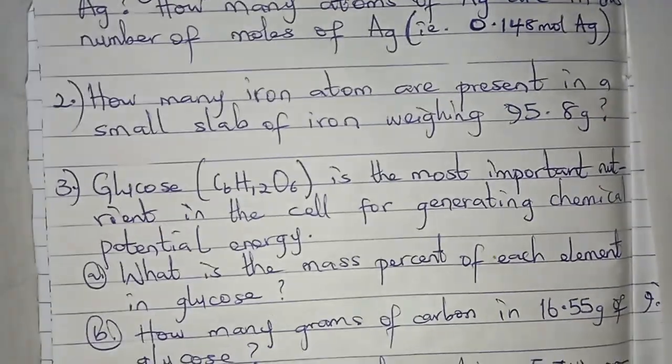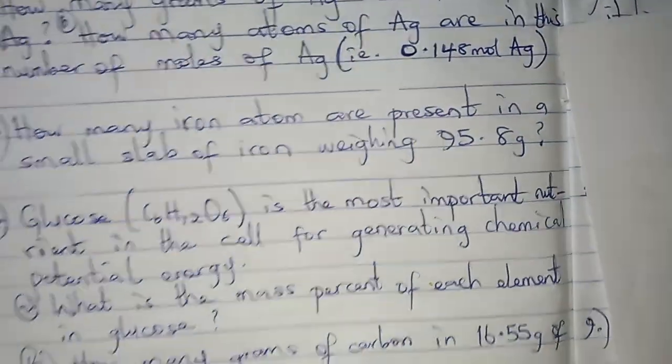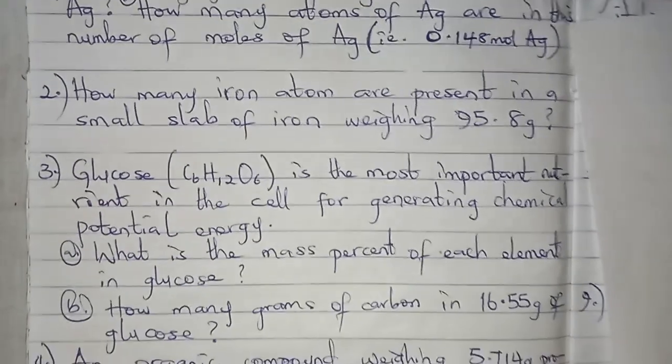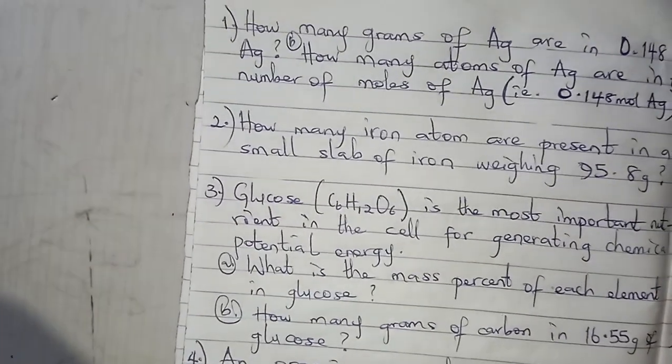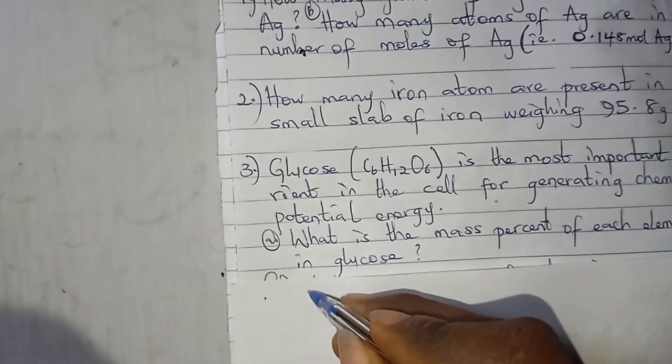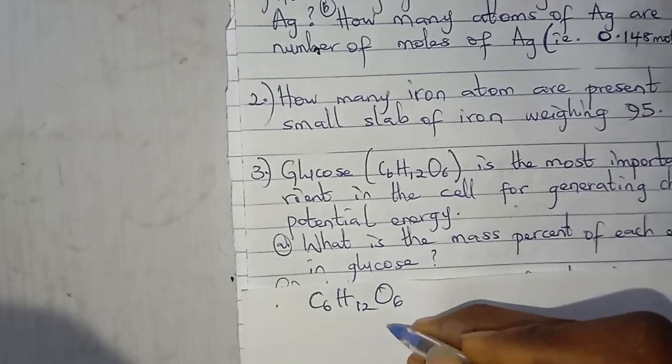So glucose is the most important nutrient in the cell for generating chemical potential energy. What is the mass percent of each element? I need you to know that mass percent is simply getting the mass fraction, then multiplying it by 100. So glucose, which is C₆H₁₂O₆.